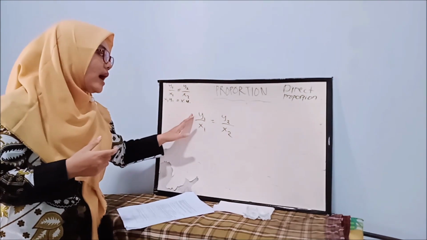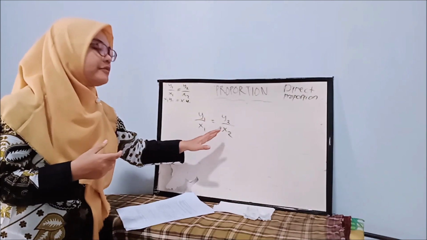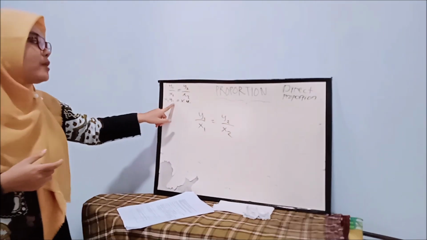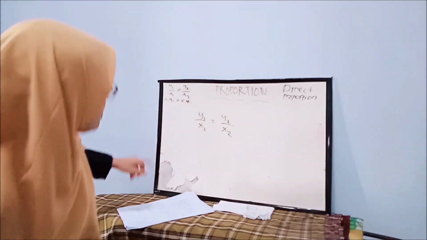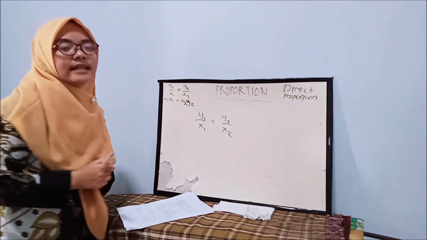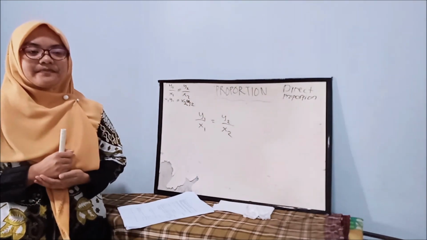So y1 over x1 is equal to y2 over x2, and x1 times y2 is equal to x2 times y1. Are there any questions from my students?